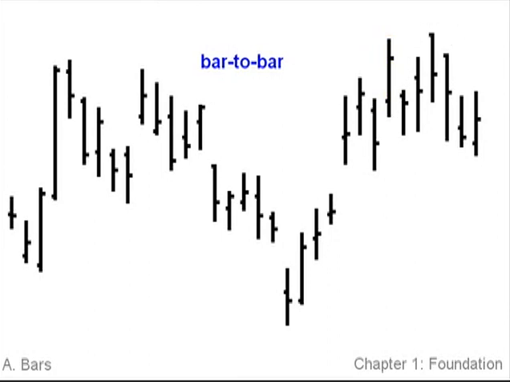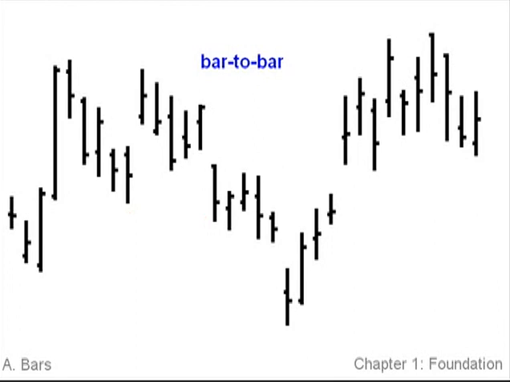There are, however, two slightly different scenarios. Let's take a look at this bar right here. This bar is known as an inside bar. An inside bar is simply a bar that is inside the previous bar's range. In other words, it has a high that is lower than the previous bar's high, but it also has a low that is higher than the previous bar's low.